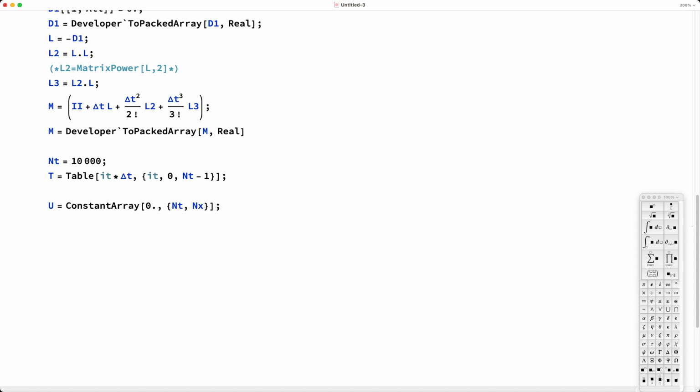And then the first row of that matrix will simply be f of x. That's our initial data. So the first time point is going to be for index 1, and then all the spatial grid points, and we set that equal to f of x.